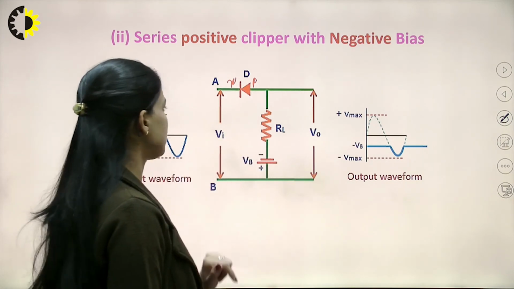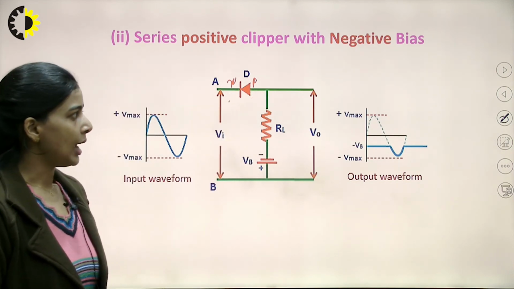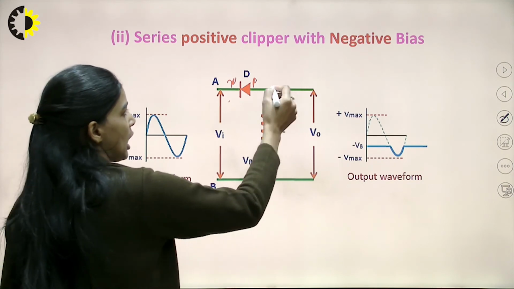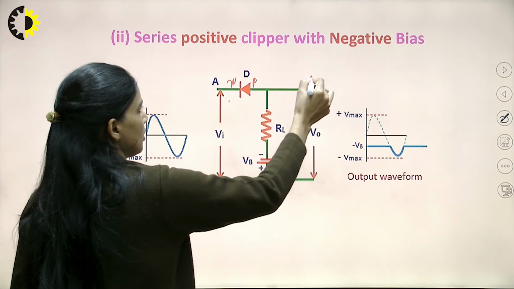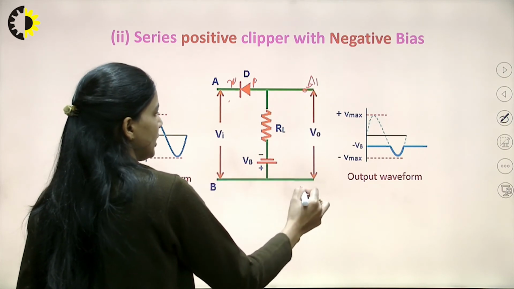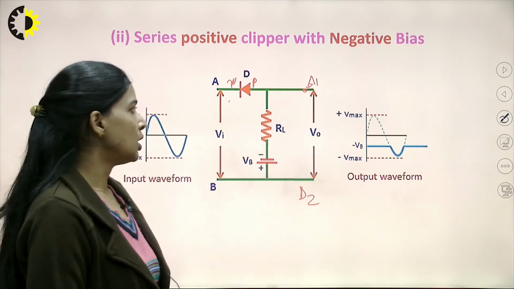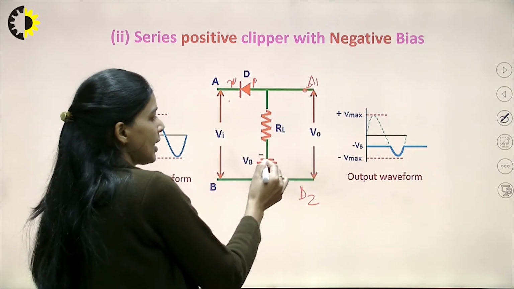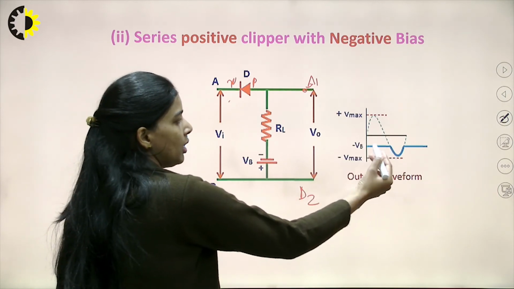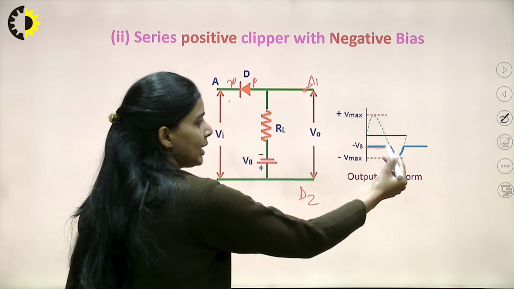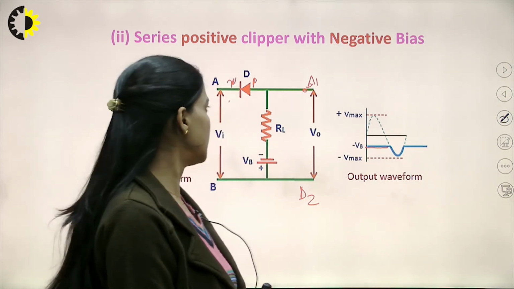So, for the positive input cycle, this diode will be reverse biased, and we are taking output between D1 and D2. Between D1 and D2 we have the voltage VB. So, during the positive cycle only a constant level of VB will appear at the output.